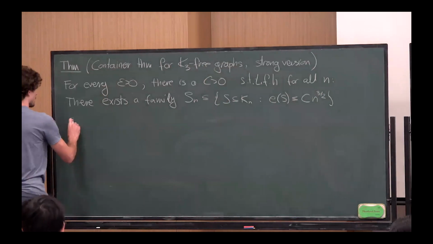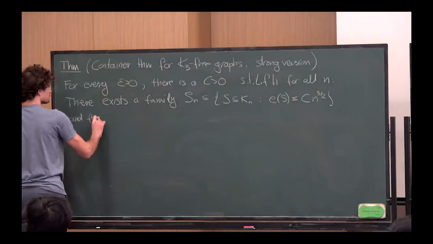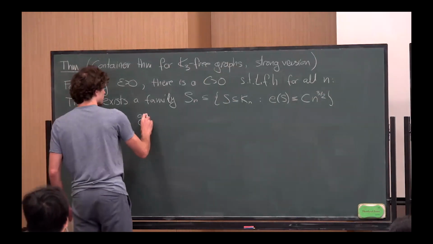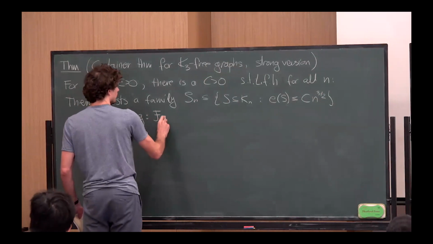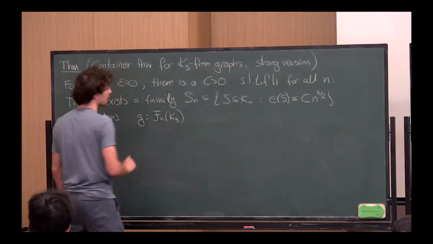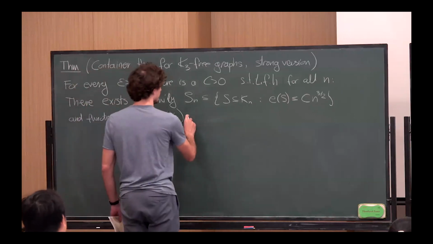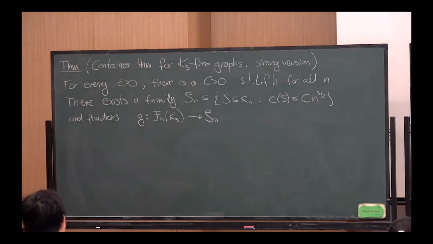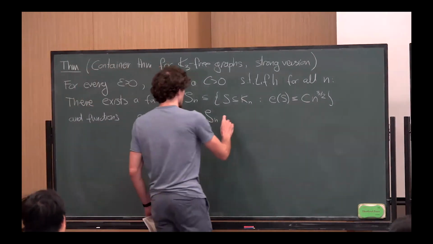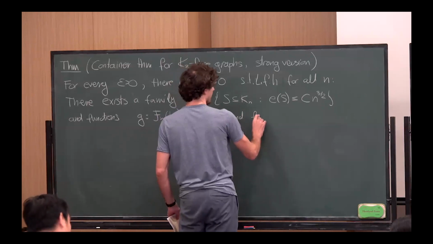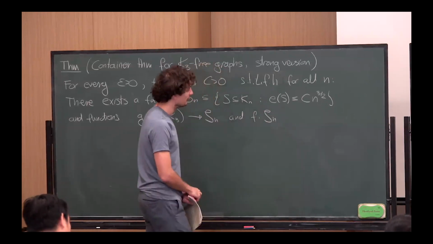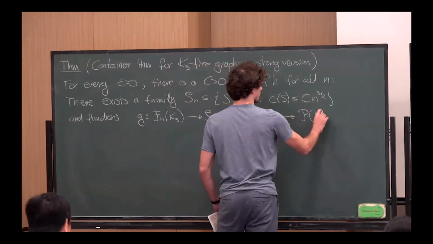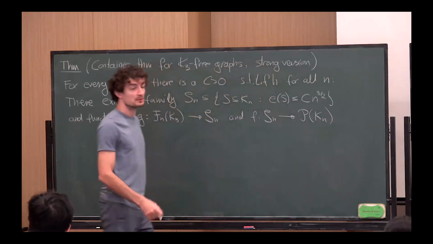And we also have two functions. A function g, which, given any triangle-free graph on n vertices, returns one of these graphs with a small number of edges, and a function f, which, given one of these graphs, returns some graph on n vertices.